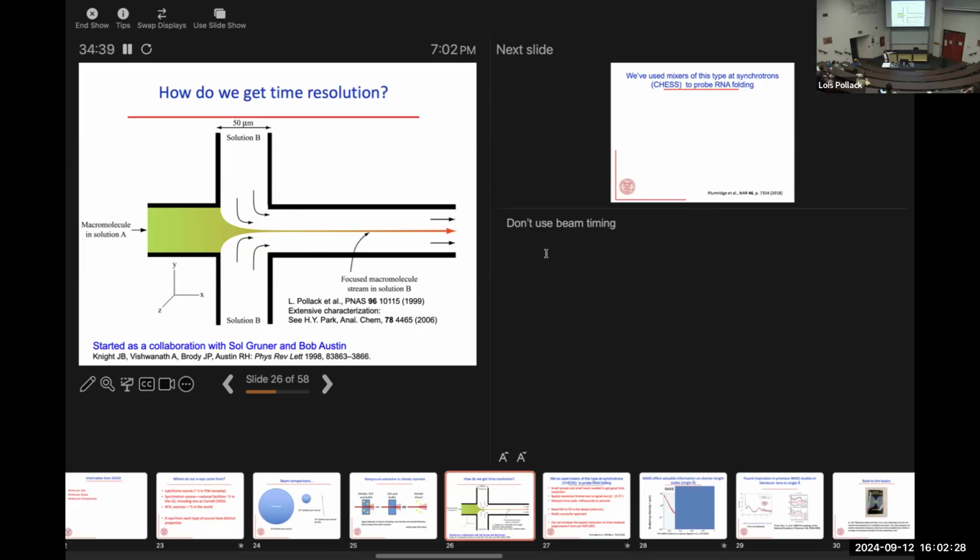This is a fluid flow device. And now we let physics help us, because these macromolecules are big, so they don't diffuse very far. But if solution B contains small ions or ligands, and they are not present in solution A, anything very small can rapidly diffuse across this jet, and that's how we trigger our reaction.